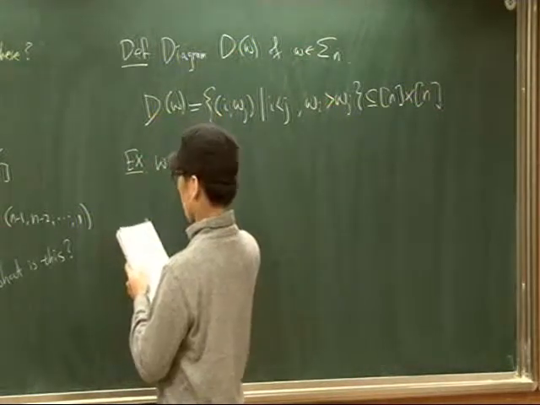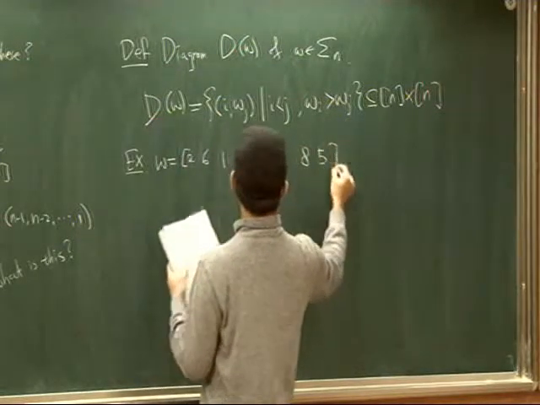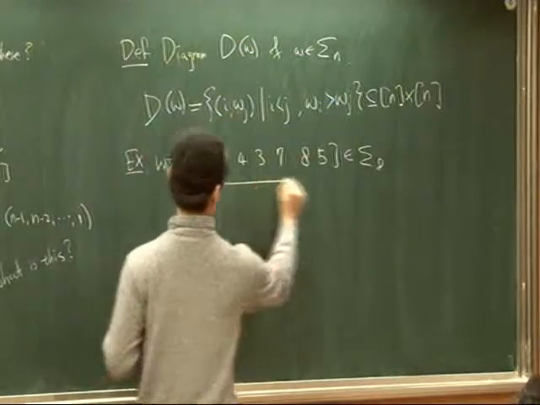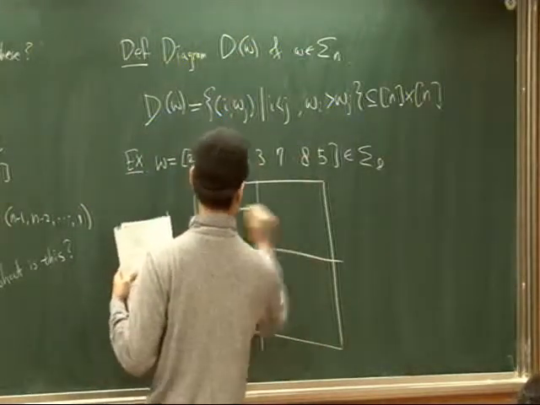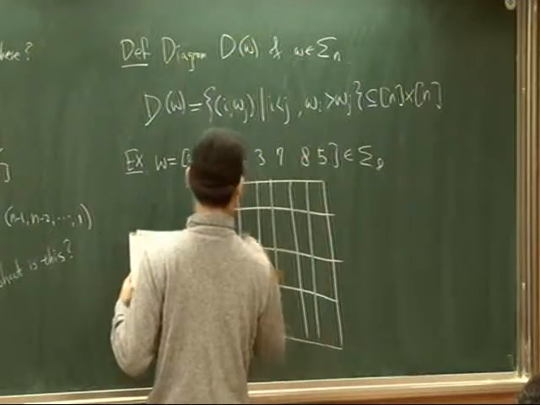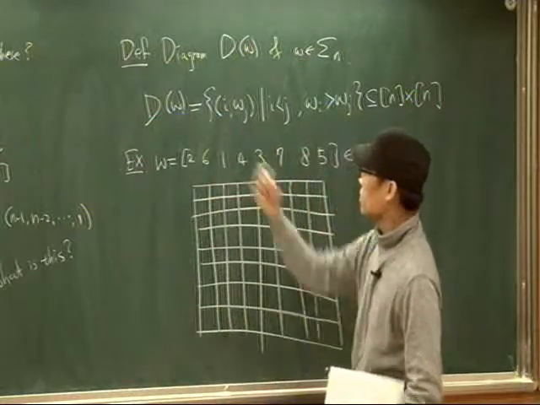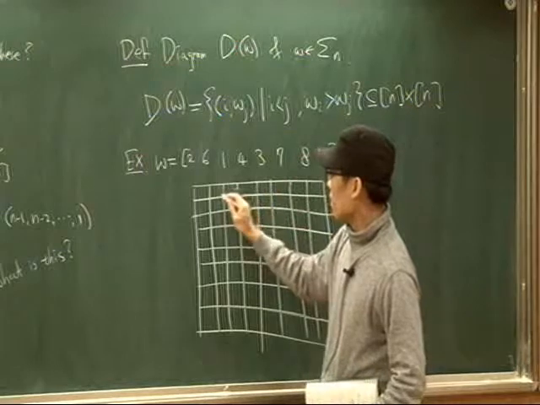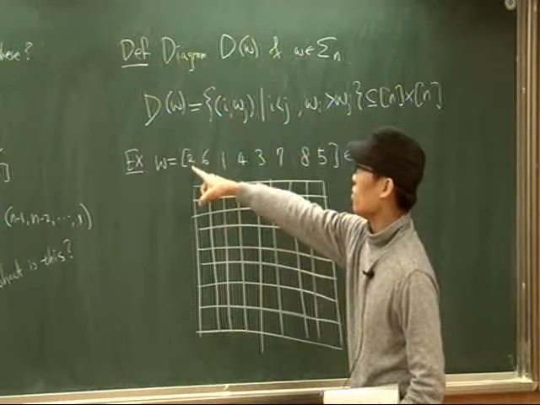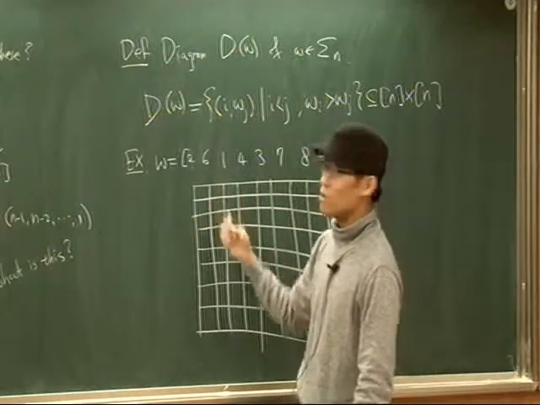Here's an example. w is 26143785. I'll first draw a dot in each box corresponding to these numbers 2, 6, 1, 4, 3, 7, 8, 5, using matrix-like coordinates.